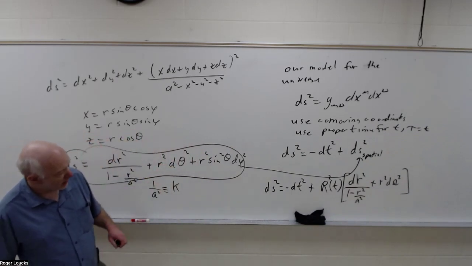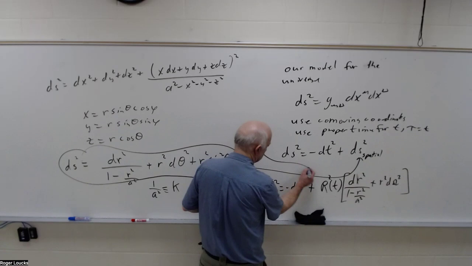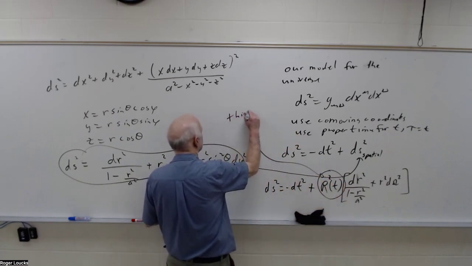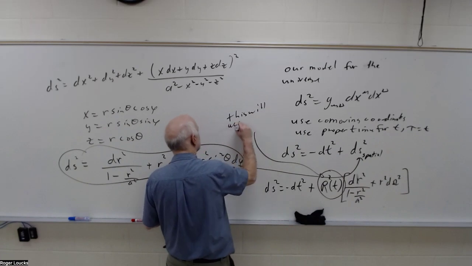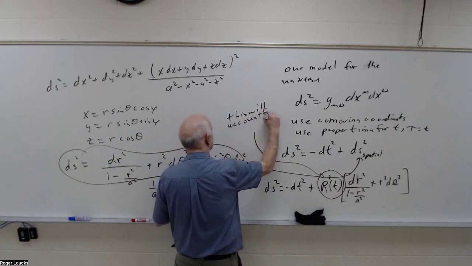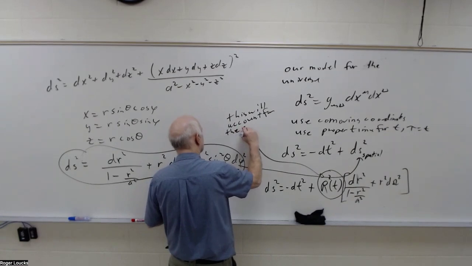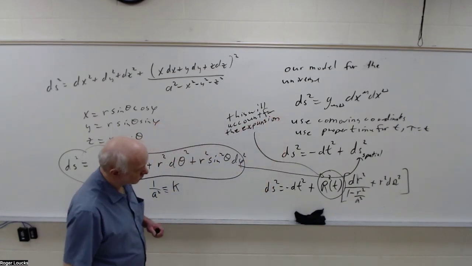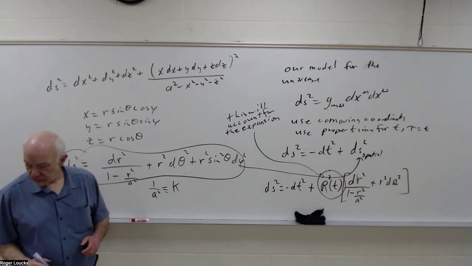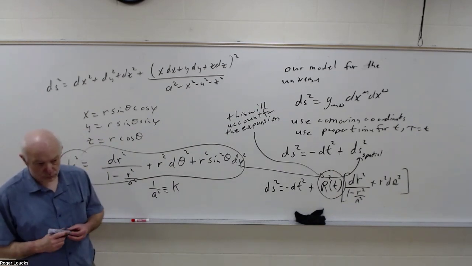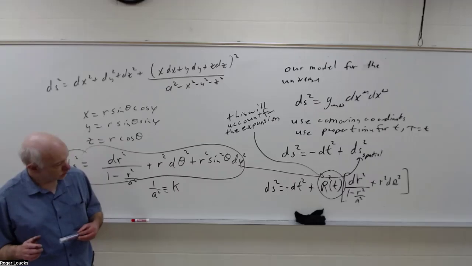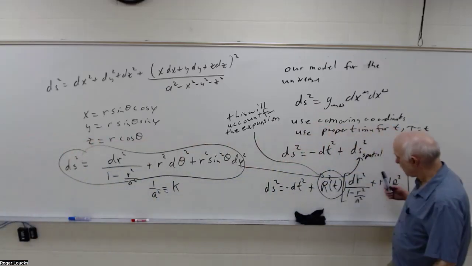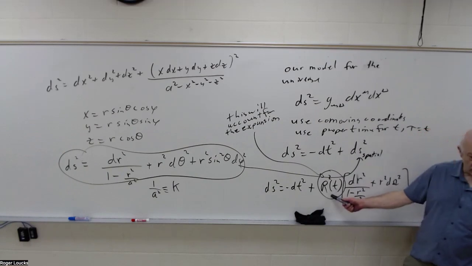And what this is accounting for is the expansion. Does that make sense? So basically, here's a nice spherical universe. What's happening here is that it's getting bigger and bigger.